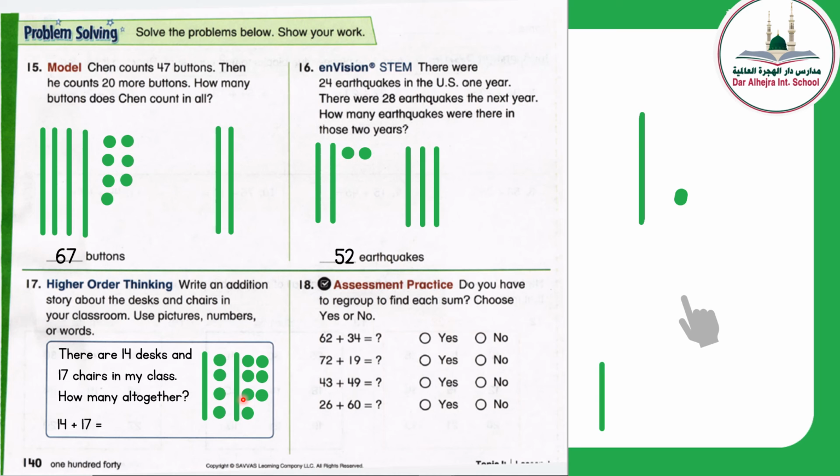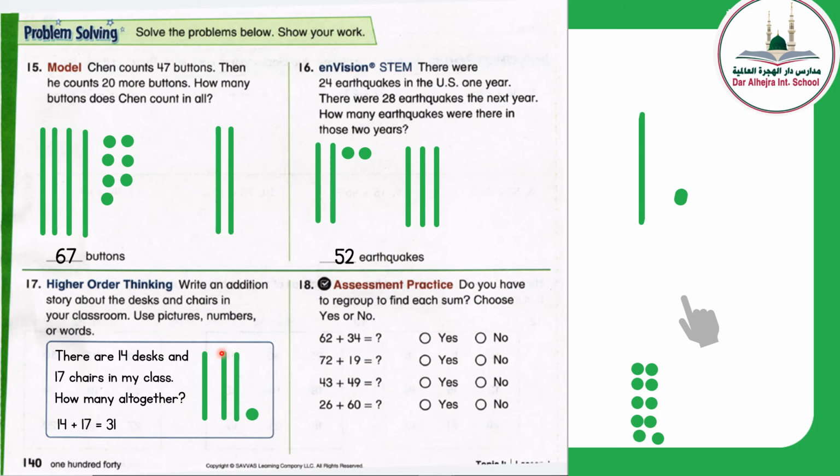It means that I need to regroup them. So I'll be taking 10 away from them, and instead I'll be using a line to show the 10. Here I have grouped the 10 ones into a single 10, and finally I have got 3 tens and a single 1 left behind. That means my total is 31.